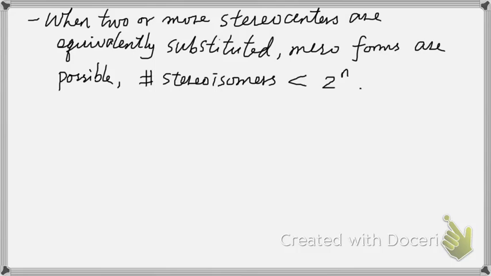That's 2 to the power of 2, 4 stereoisomers. But when the mesoform is possible, we only have 3 stereoisomers, right? So in that case, the chiral carbons are equivalently substituted. Both chiral carbons have the same groups attached to them, and the mesoform is generated, and the number of stereoisomers is less than 4 in that case.